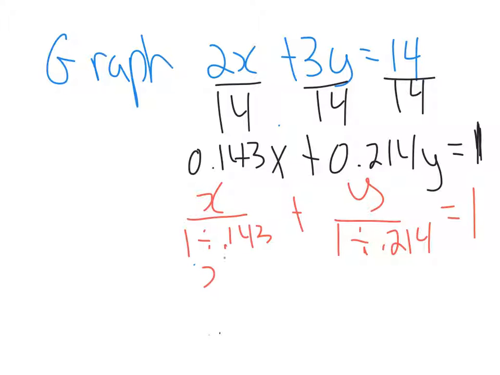So that becomes x divided by 7 plus, then I need to do this calculation here. 1 divided by 0.214 equals 4.67, which is 4.7. So y divided by 4.7, and that equals 1.